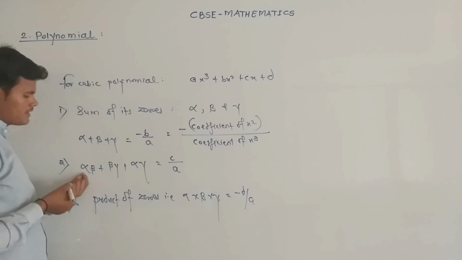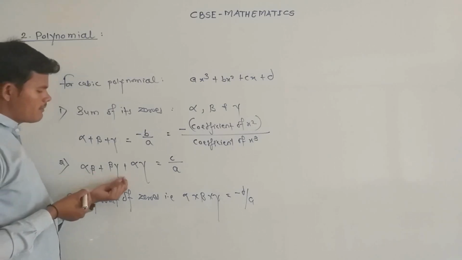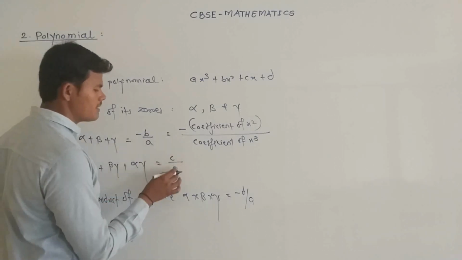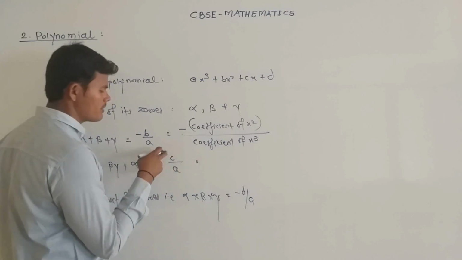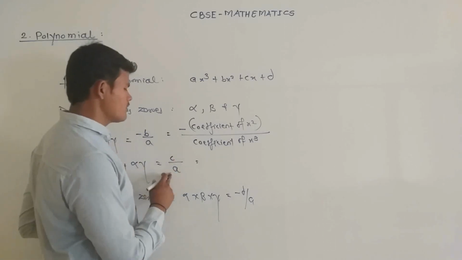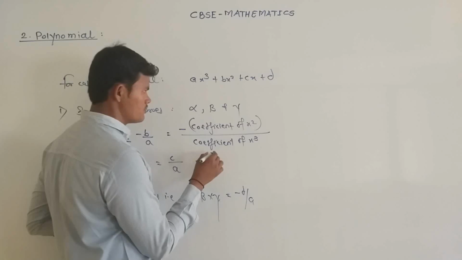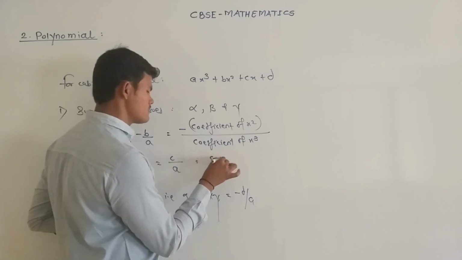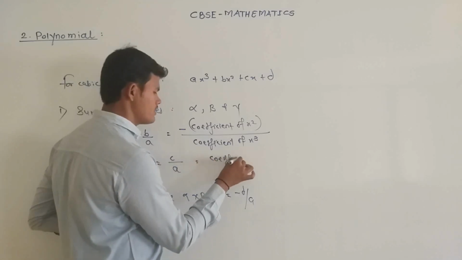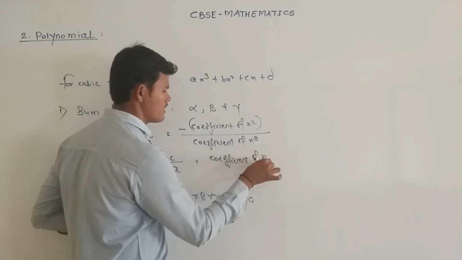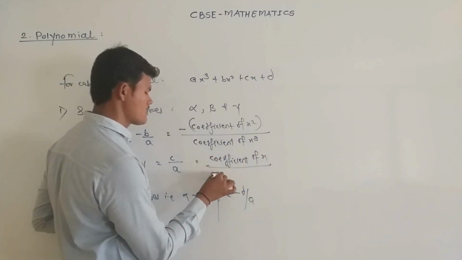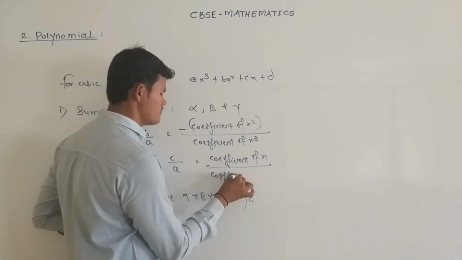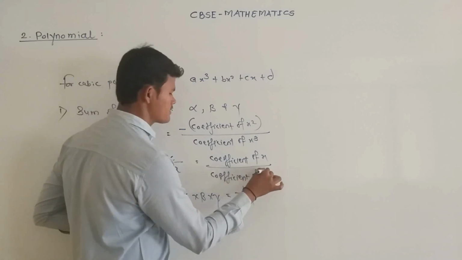And for the second relation, alpha into beta plus beta into gamma plus alpha into gamma is nothing but c by a, where c is the coefficient of x and a is the coefficient of x cube. So write down coefficient of x divided by coefficient of x cube.